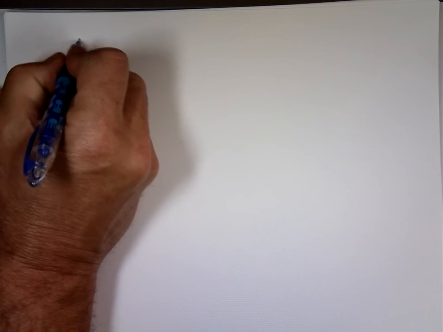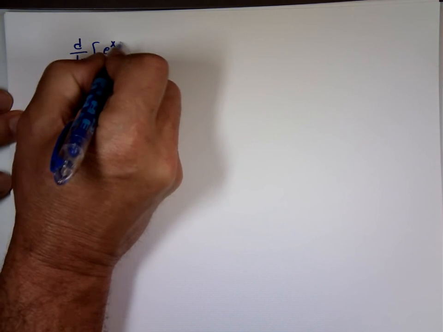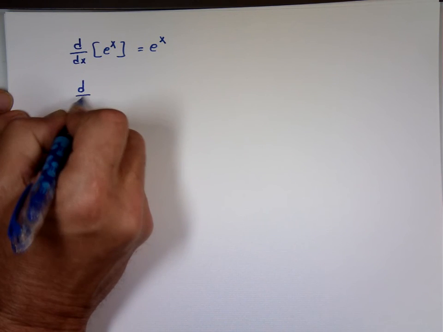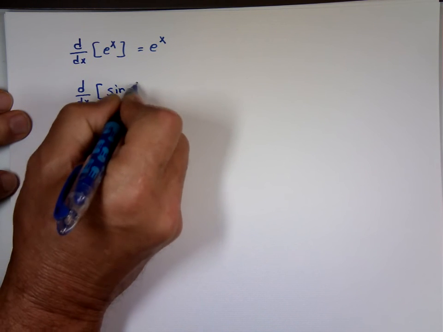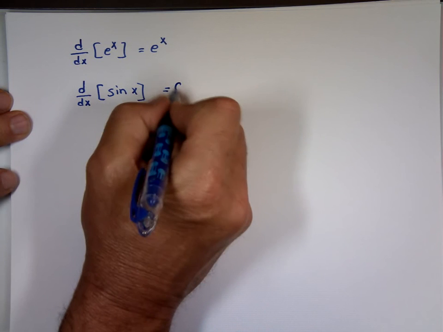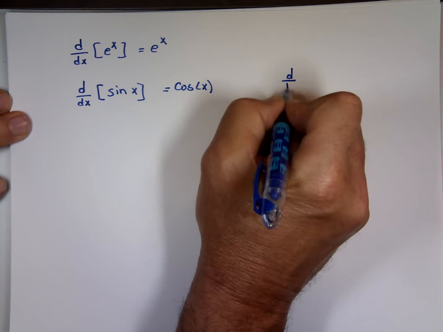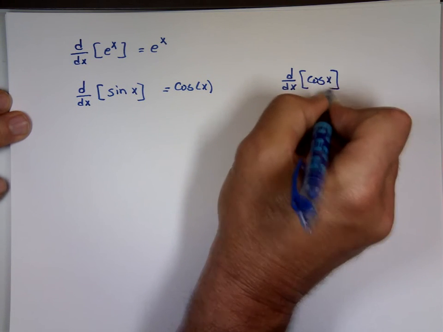The last video we said we should know these things. So the derivative of e to the x we said is what? e to the x. Good. The derivative of sine of x is what? Cosine of x. The derivative of cosine of x is what? Negative sine of x.